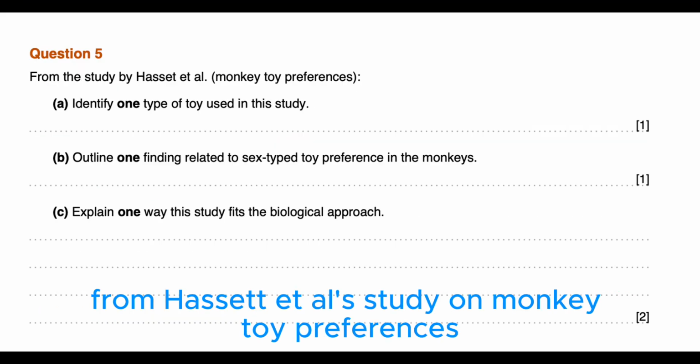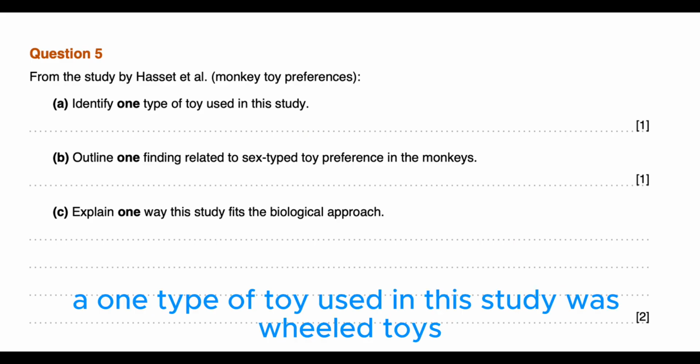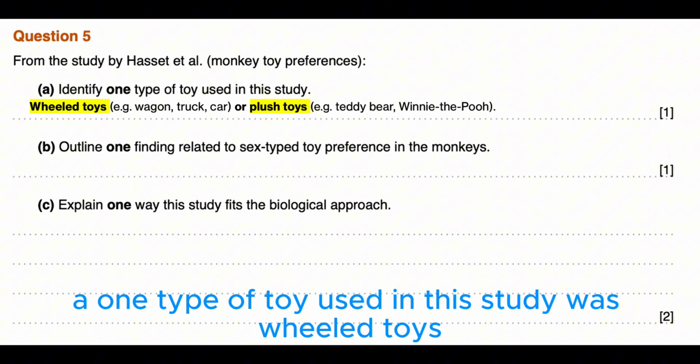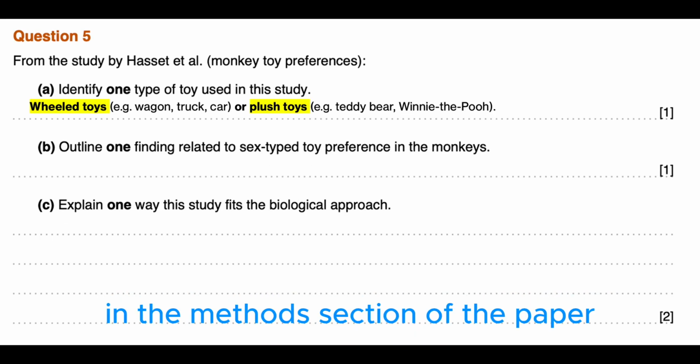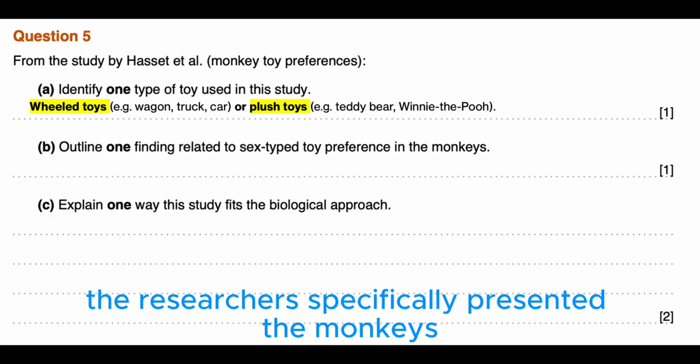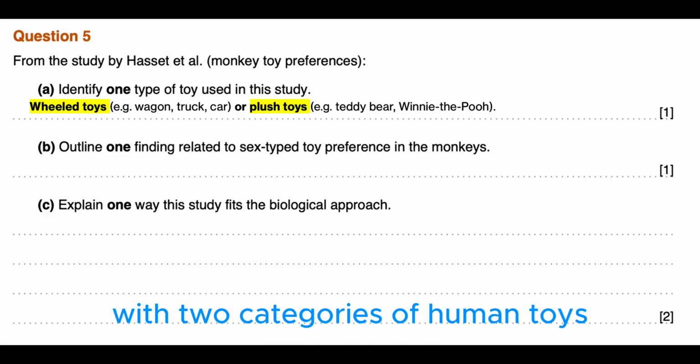Question 5 from Hassett et al.'s study on monkey toy preferences. A. One type of toy used in this study was wheel toys. In the method section of the paper, the researchers specifically presented the monkeys with 2 categories of human toys.